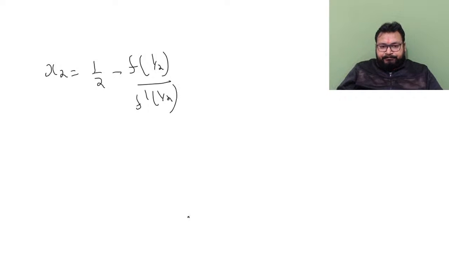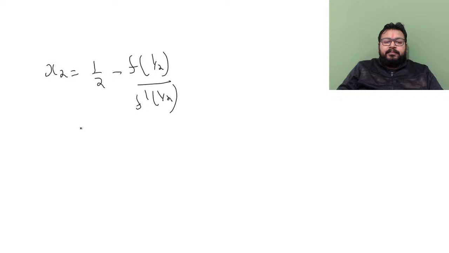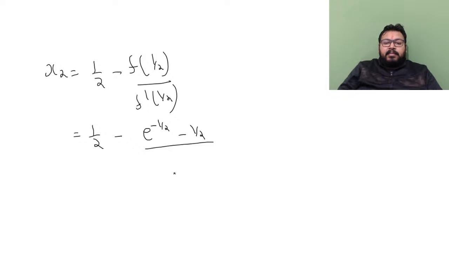So x2 will be 1 by 2 minus f of 1 by 2 divided by f dash of 1 by 2. So what is f of 1 by 2, guys? It is e to the power minus half minus half. Divided by, what is f dash of 1 by 2? If you put 1 by 2, it is minus e to the power minus half minus 1.